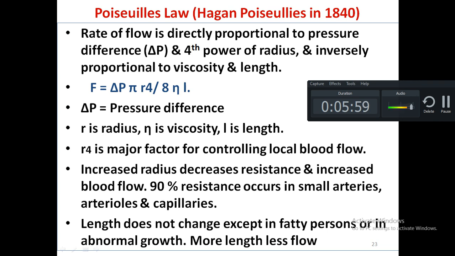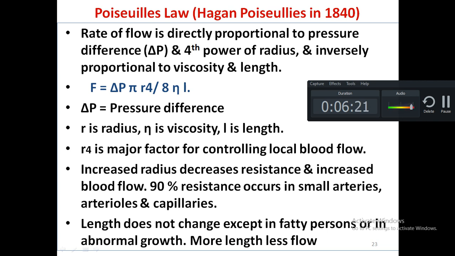Since 90% of the resistance occurs in the small arteries and arterioles and the precapillary sphincters, it is here that the tissues will cause either a dilatation or constriction of these vessels, and that will eventually regulate the blood flow to that particular organ.